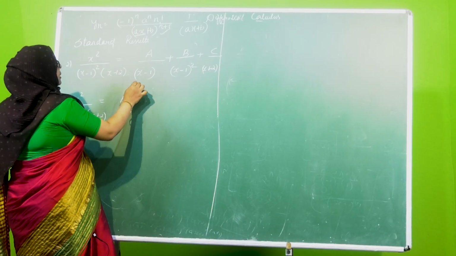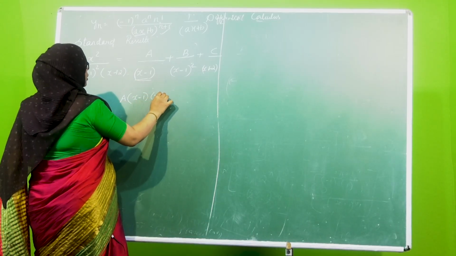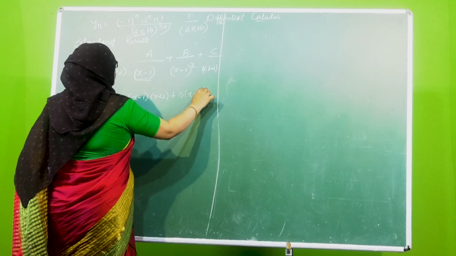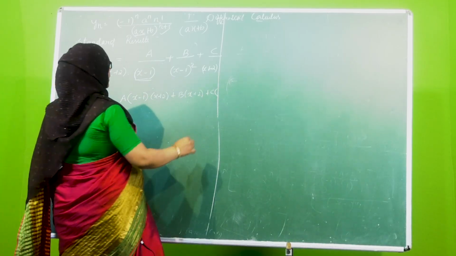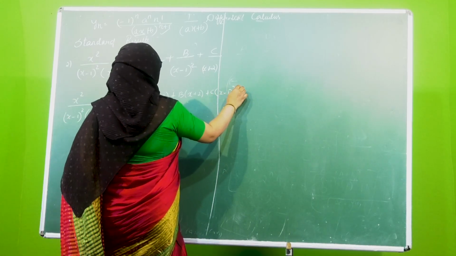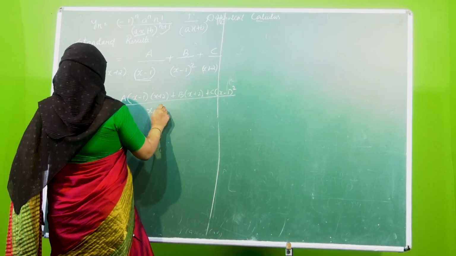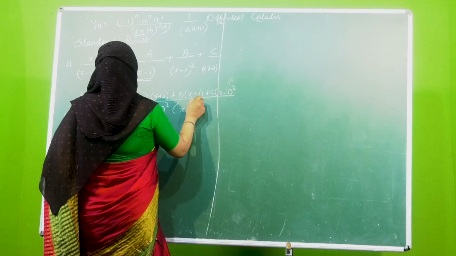So what is the LCM? a into x minus 1 into x plus 2 plus b into x plus 2 plus c into x minus 1 whole square, divided by x minus 1 whole square x plus 2.